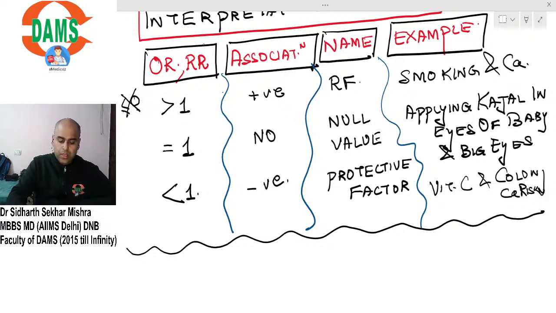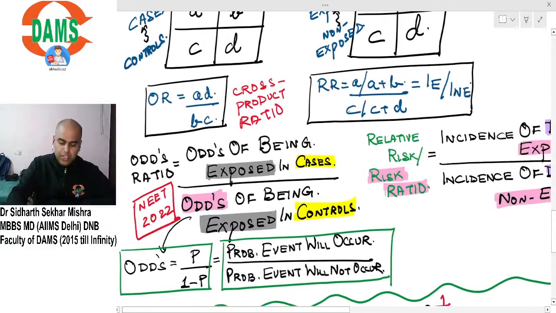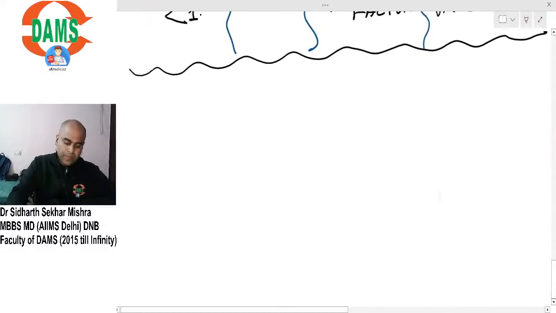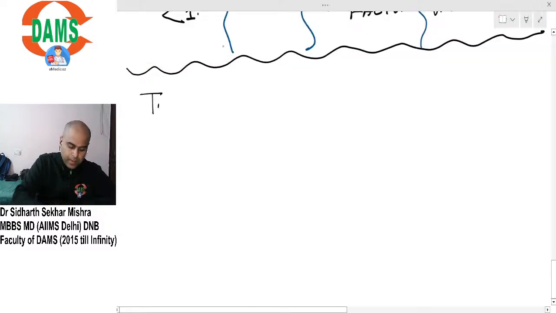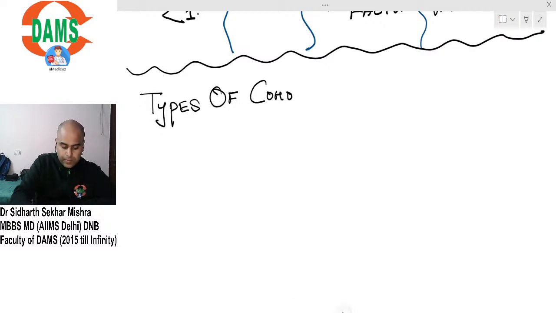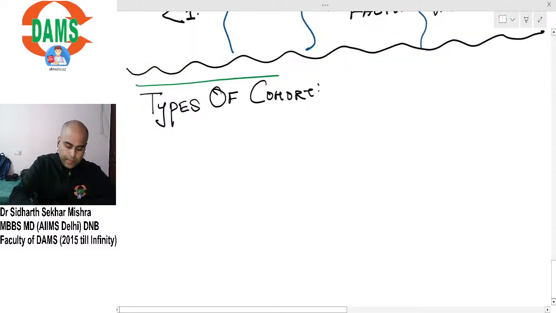Now, so we have seen till this point odds ratio, relative risk, risk ratio. Now, taking the story forward, types of cohort.